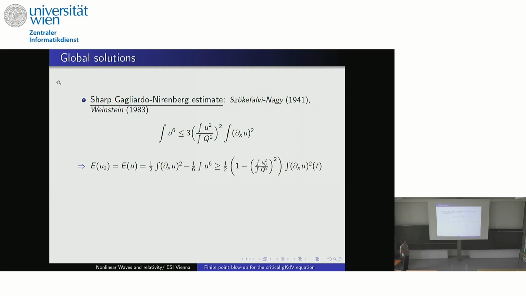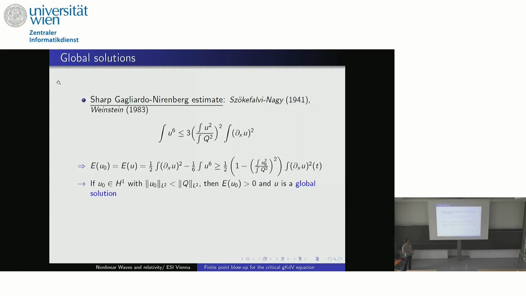If you use this argument, then you look at the energy of U, which is conserved over time, and then you get a lower bound by this guy, and here I also use the conservation of the L2 norm. And so finally you see that if this is strictly positive, then you get a control on the L2 norm of the gradient, and the L2 norm is conserved.